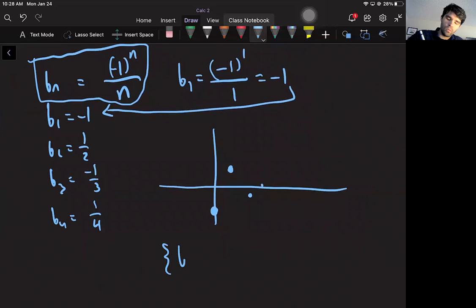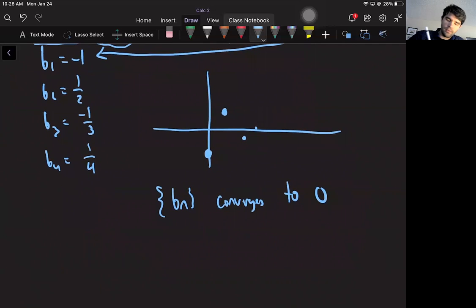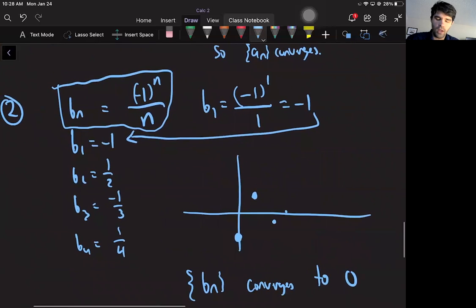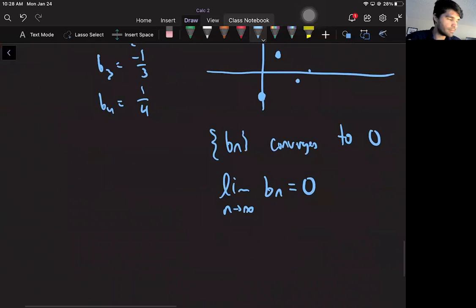So this guy converges to 0. And again, we'll be able to really show this later. But for now, we're just thinking about it and writing down the answer. So this is equal to 0 because the numbers go towards 0. They're shrinking while switching back and forth between positive and negative. So they're going towards 0.